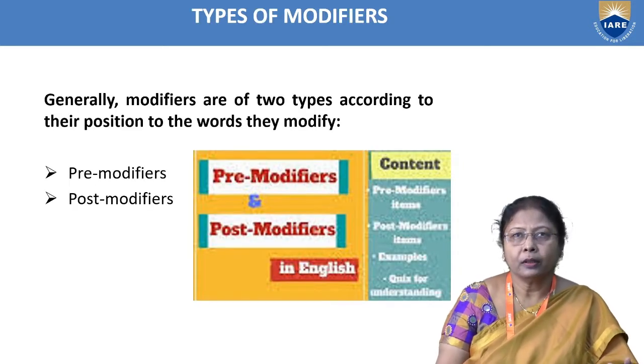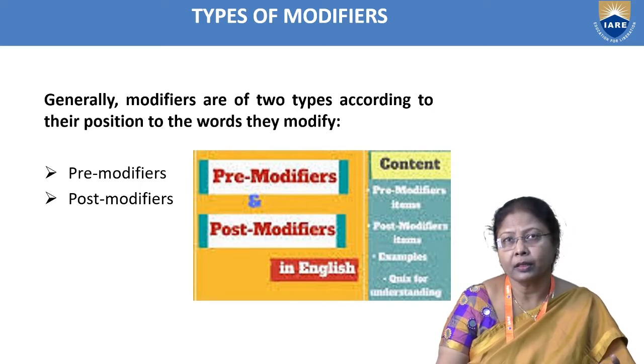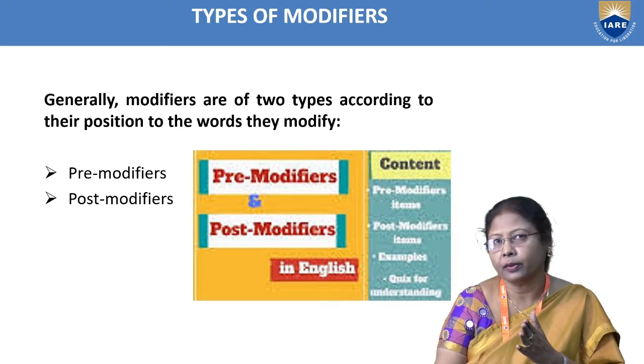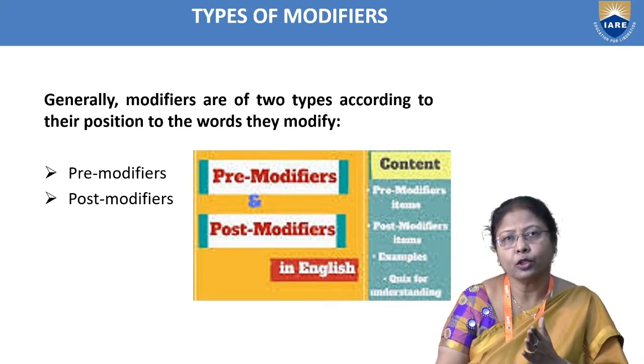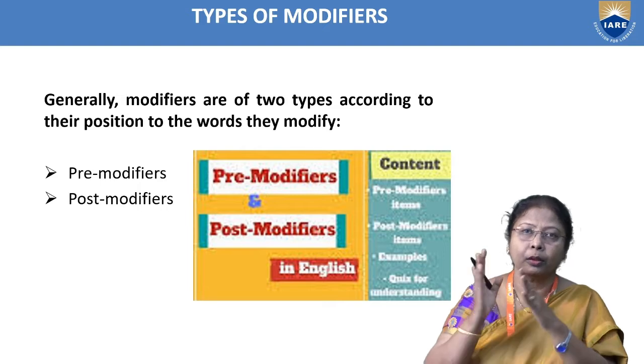So let us go for types of modification. Do we have any types of modification? In the introduction itself, we discussed that we have two types of modifiers. One is pre-modifier, the other one is post-modifier. What is the use of these pre-modifiers and post-modifiers? Where do we place them?